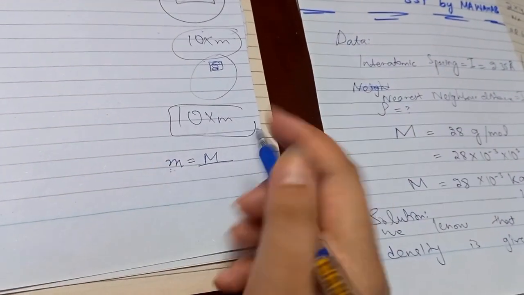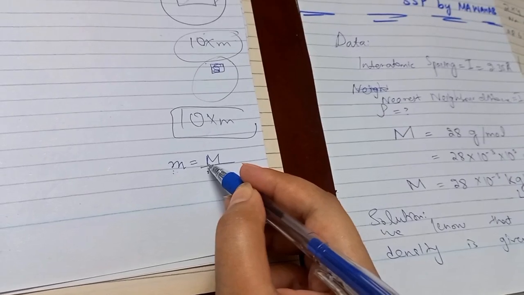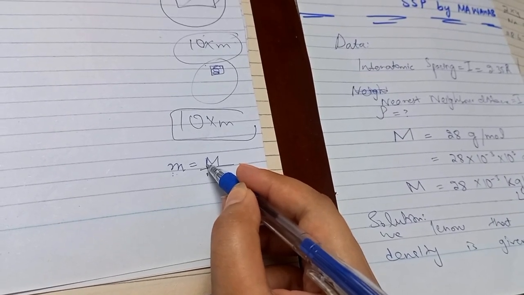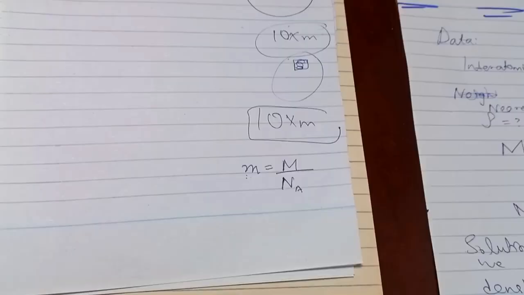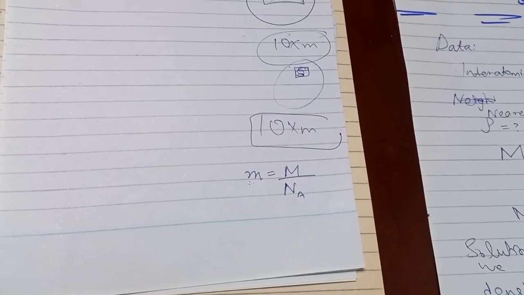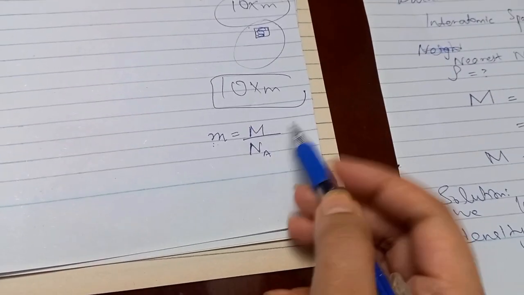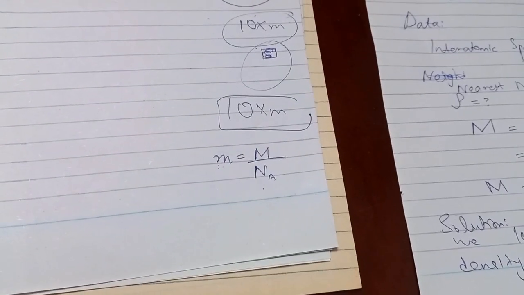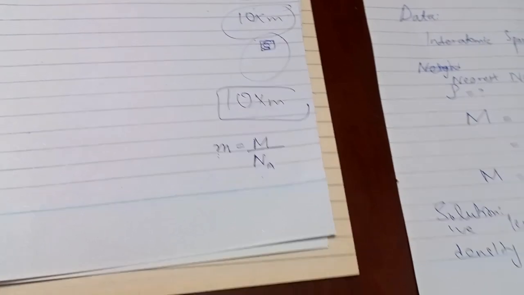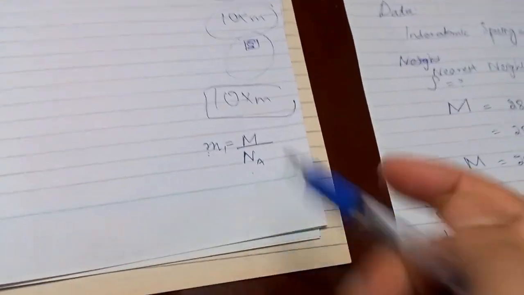To find the mass of a single atom, you divide the molar mass, or atomic mass, by Avogadro's number. This is always true. If you want to find the mass of a single carbon atom, for example, and you know its atomic weight, you divide it by Avogadro's number and you get the mass of each single carbon atom. This is for one atom, not 2, 3 or 4, but one atom.